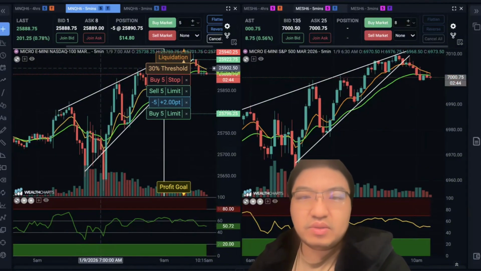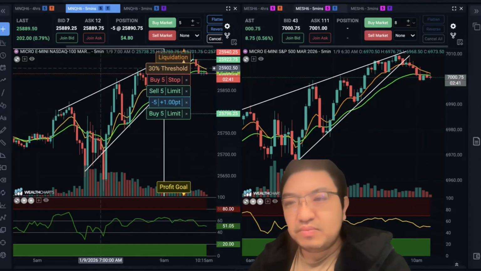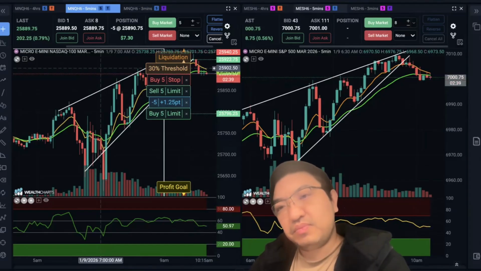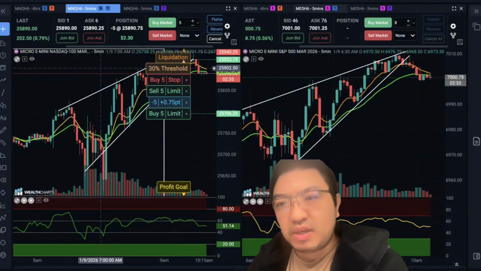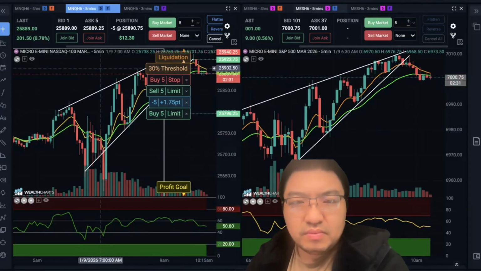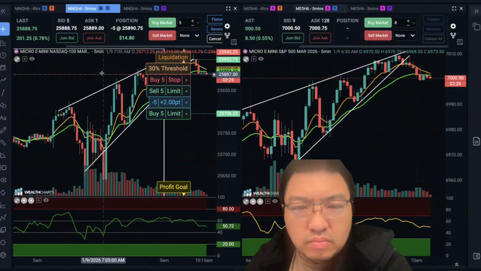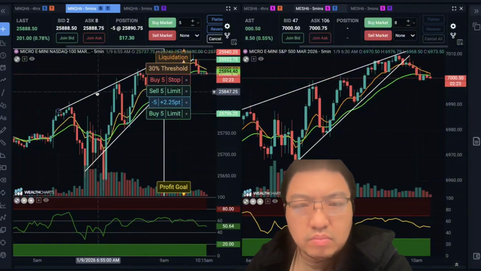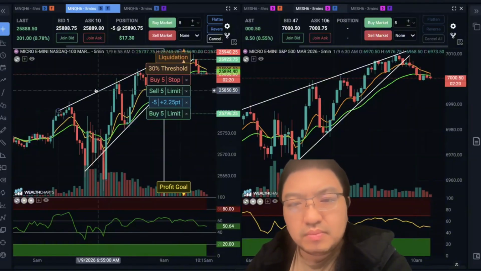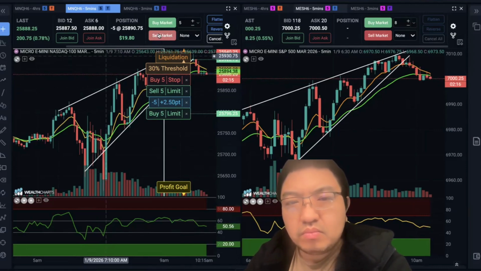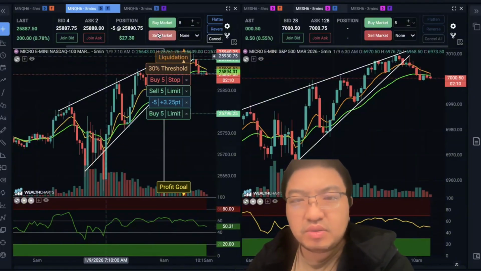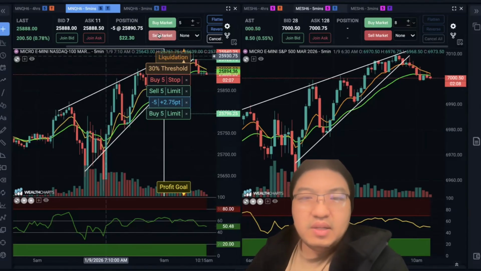Still sideways. Should not move. See this candle. Look at ES. Still sideways. Should not move. Keep holding.